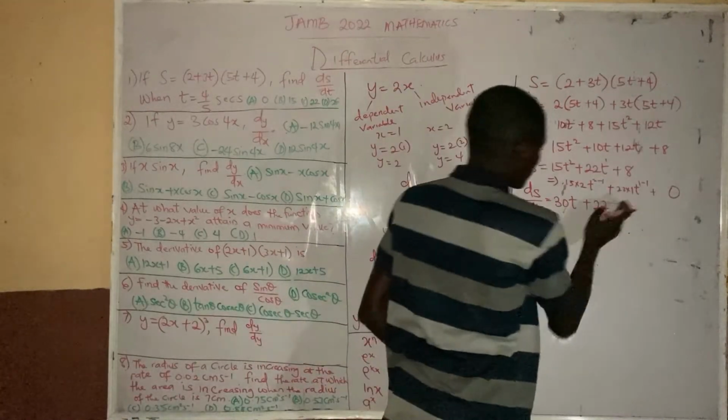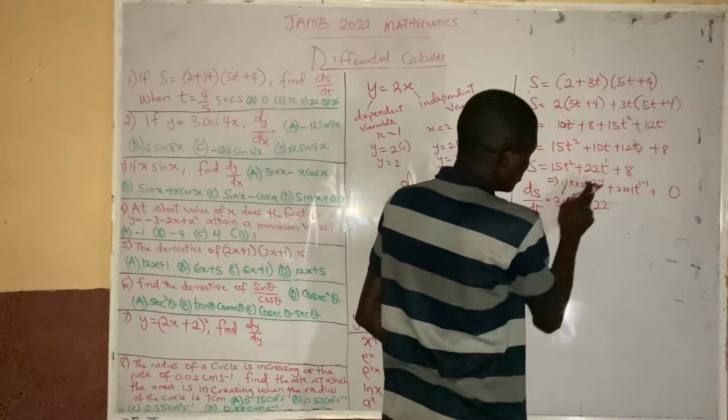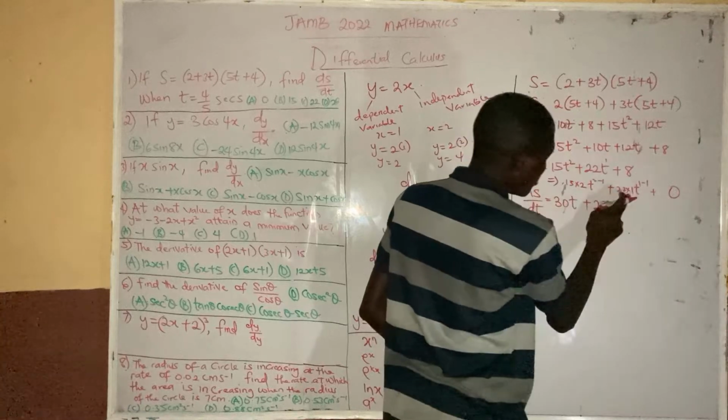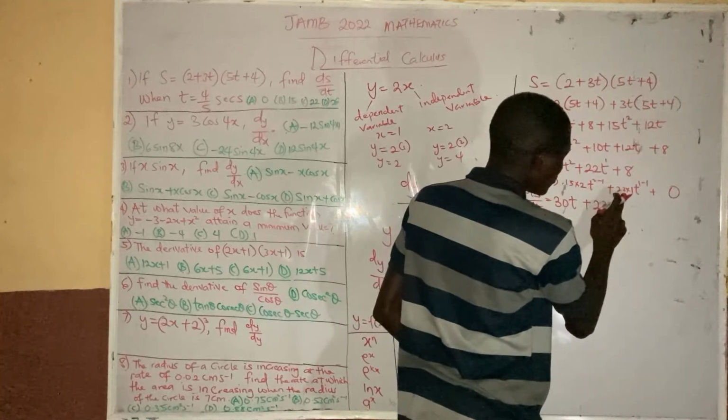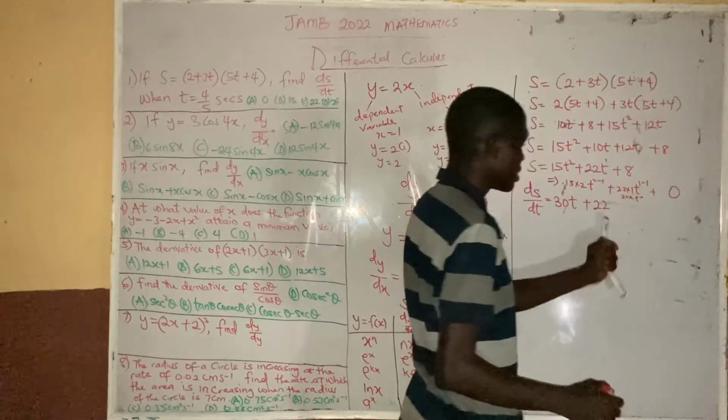So that's how we have that. We have 30, 2 minus 1 will give you t. Now this one will give you 22 times t to the power 0, and t to the power 0 is 1. That's why we have this.